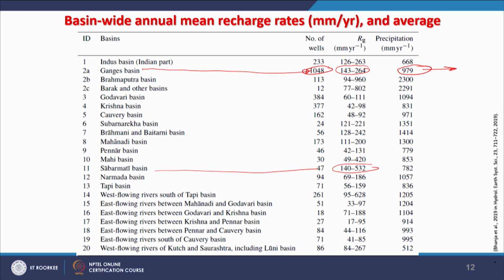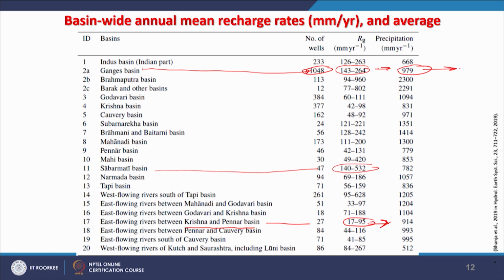Otherwise, in most cases the rate is quite low, as low as the 17 to 95 we see in the Pennar, or Krishna and Pennar basin, in hard rock terrain. Generally in hard rock terrain the recharge rate is going to be less, as we can see in examples from the Ganga basin as well as from the Krishna and Pennar basin, where the recharge rate values are so different.